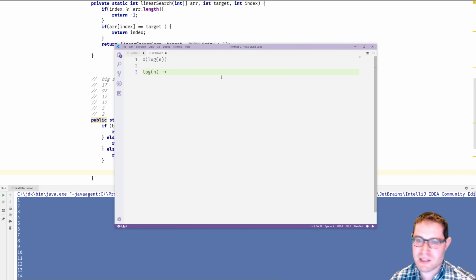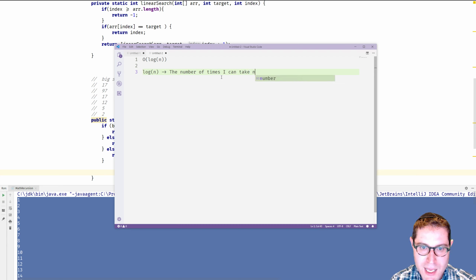The explanation I like to use, and this is really only good for integers, is: log base 2 of n is the number of times I can take n and split it into 2 piles recursively.